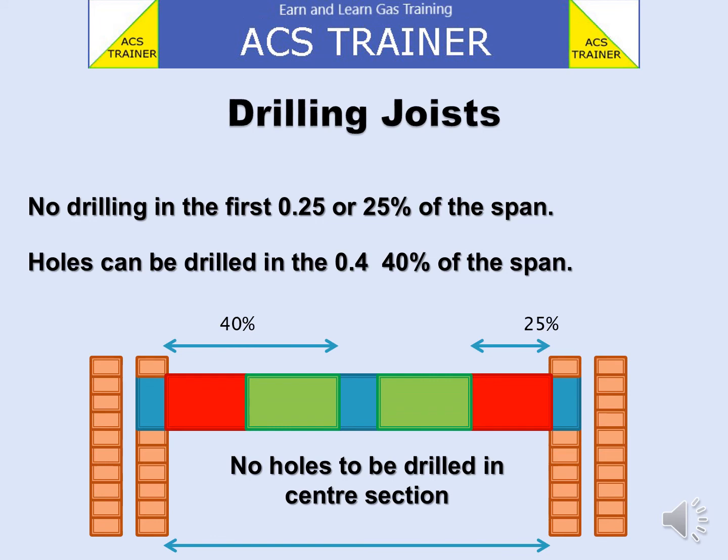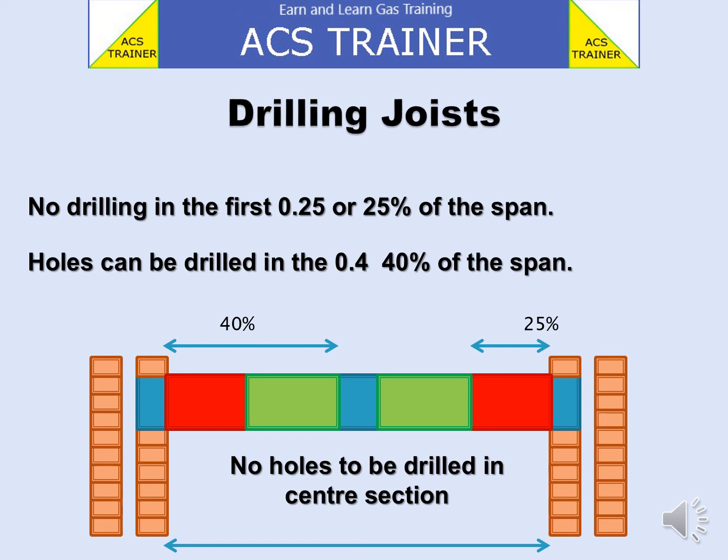No drilling in the first 0.25 or 25% of the span, the area highlighted red. Holes can be drilled in the 0.4 or 40% of the span, in the area highlighted green. The area highlighted green is the allowable limits of holes.